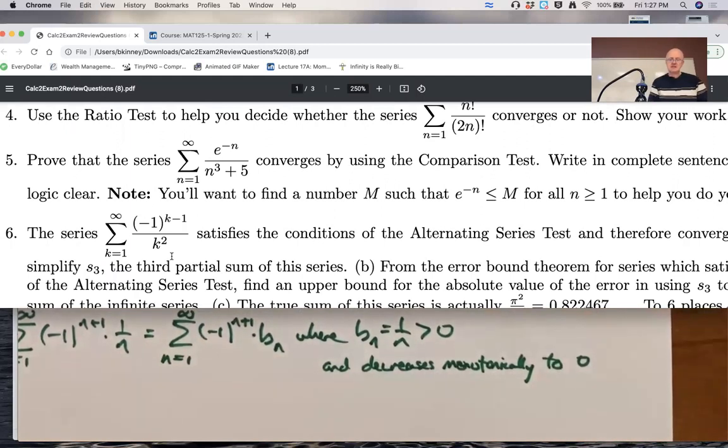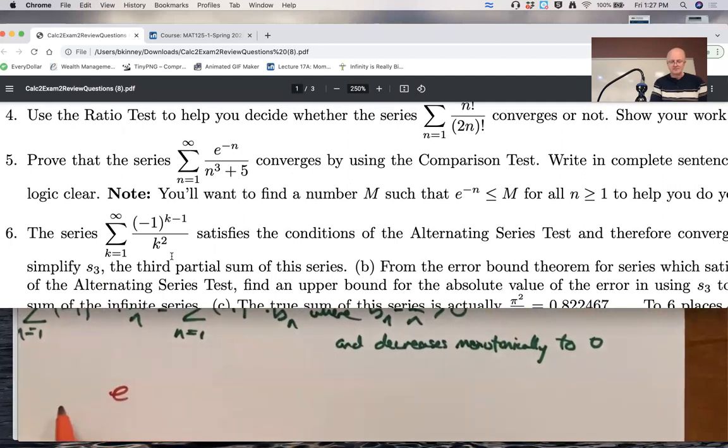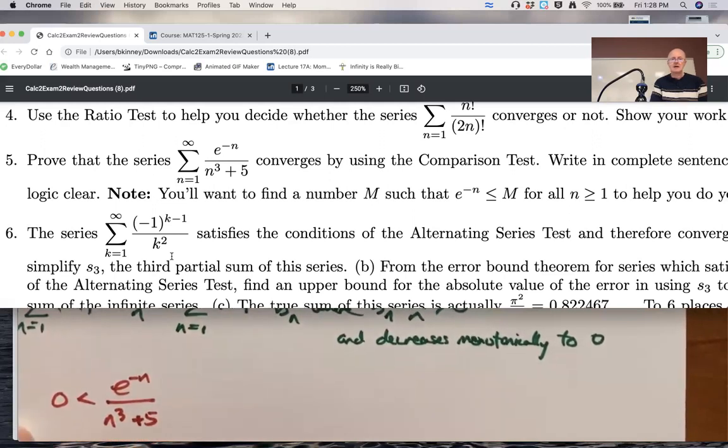The key inequalities to use in number 5 to prove what you want to prove are, first of all, that the terms are non-negative. Secondly, that e to the negative n, if n is a positive integer, is always less than or equal to 1.